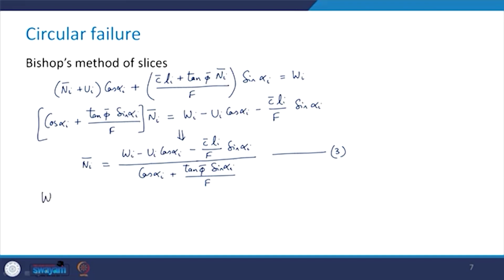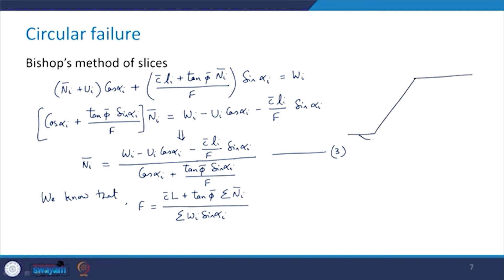Now, we know that the expression for F can be written as c bar L plus tan of phi bar summation Ni bar divided by summation Wi sin alpha i. See here, if this is the slope which is undergoing this kind of failure, and I took the ith slice, so you have such type of slices.